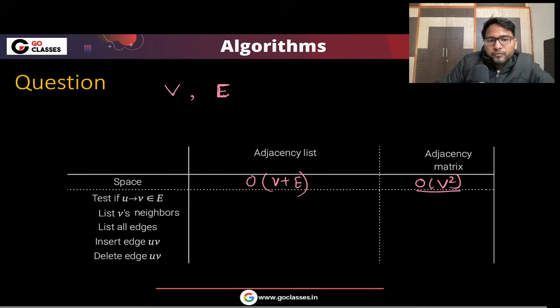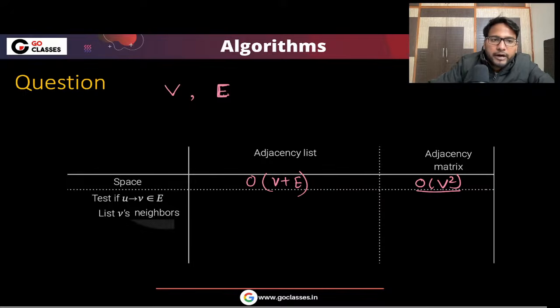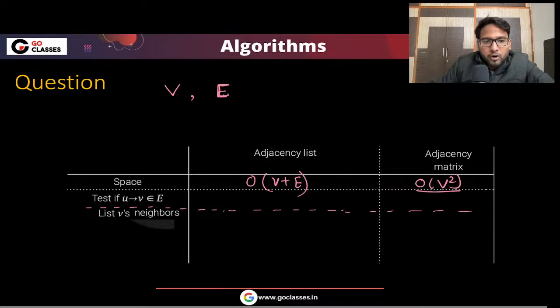So for this particular row you will be writing order of degree of u, and here you will be taking constant time, order of 1.